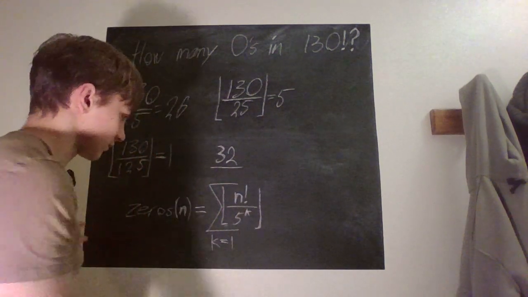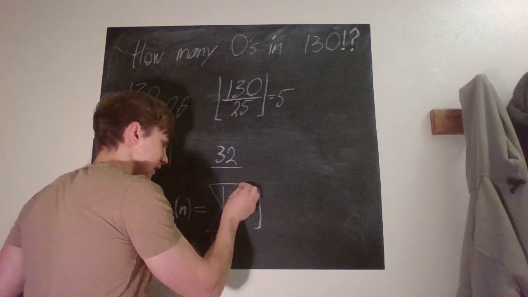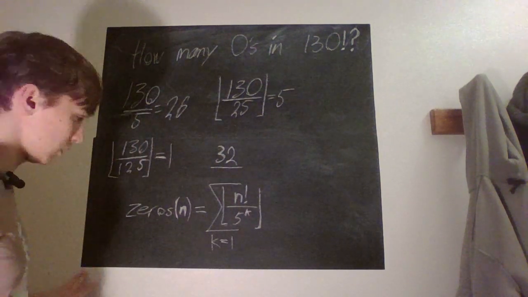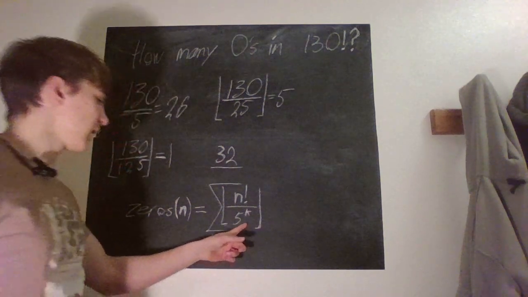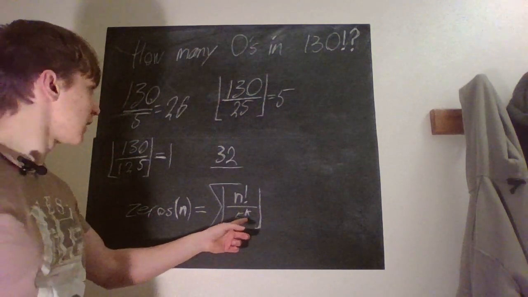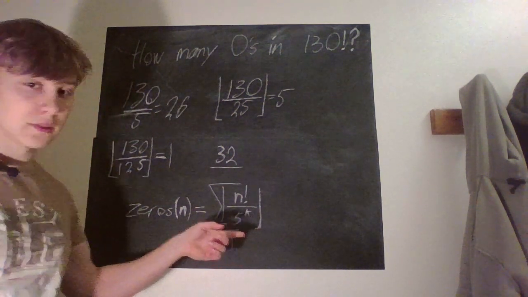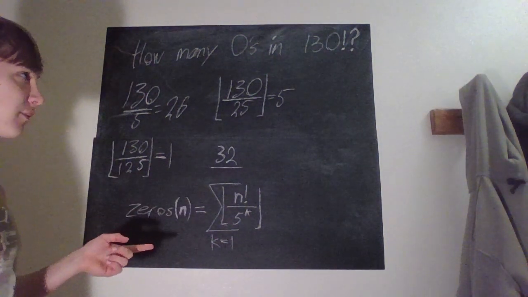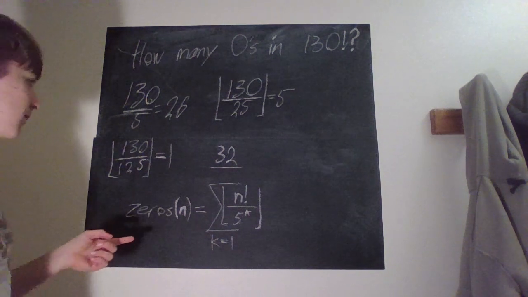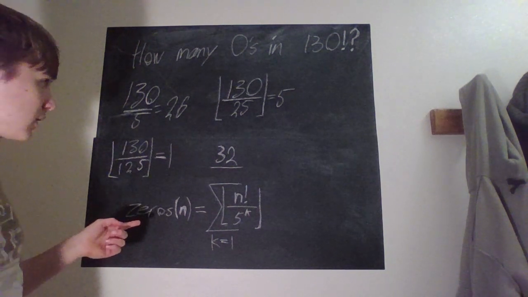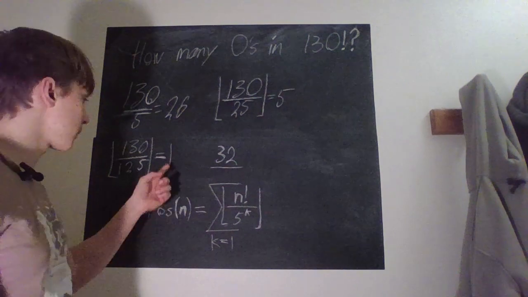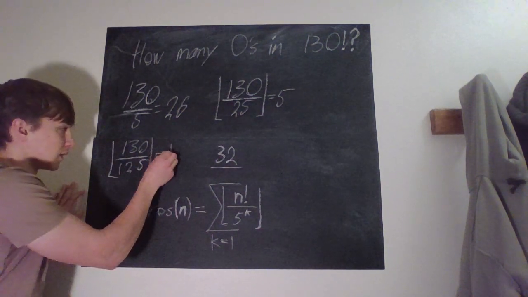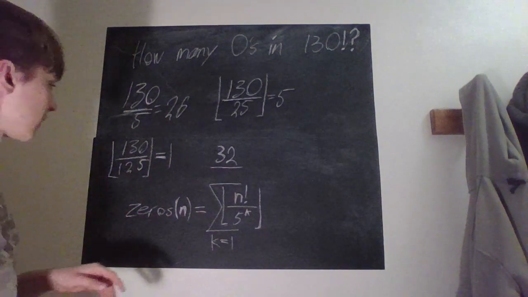Okay. And what do we need to go up to? Well, our 5 to the power of k should not be bigger than n.